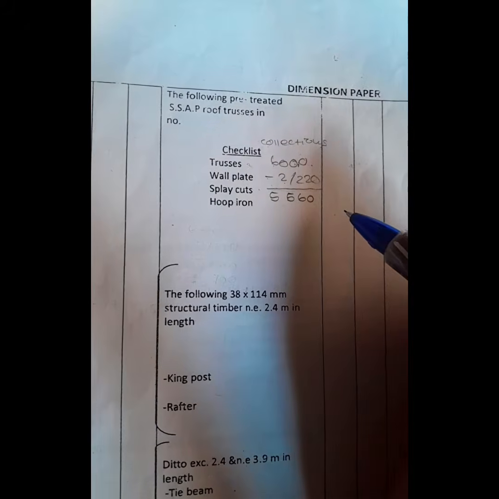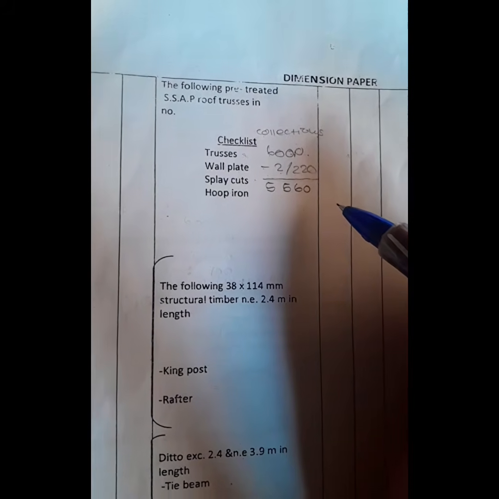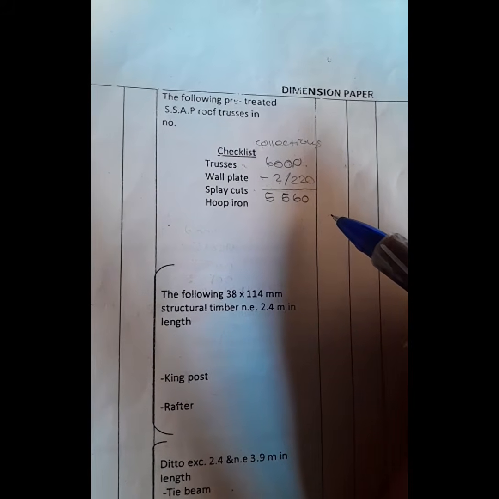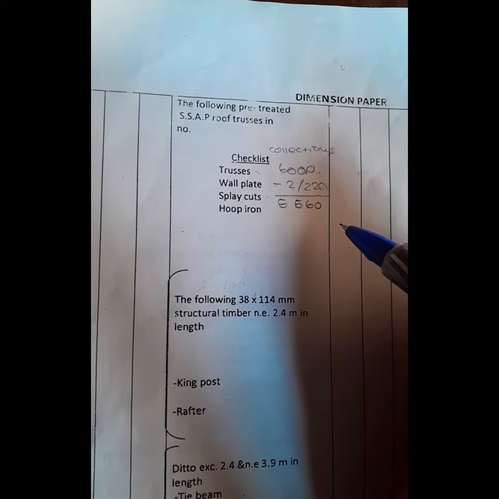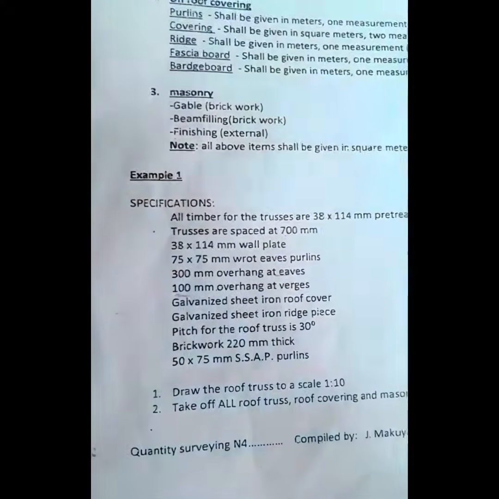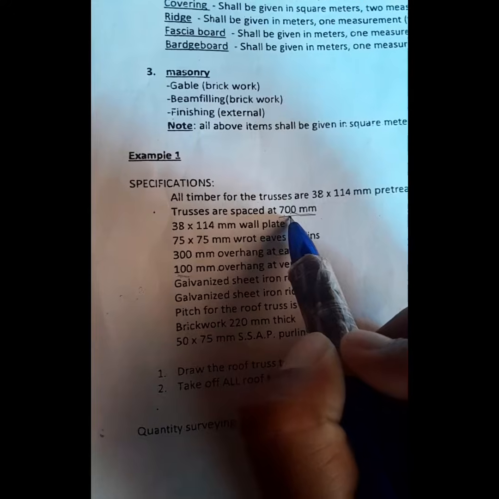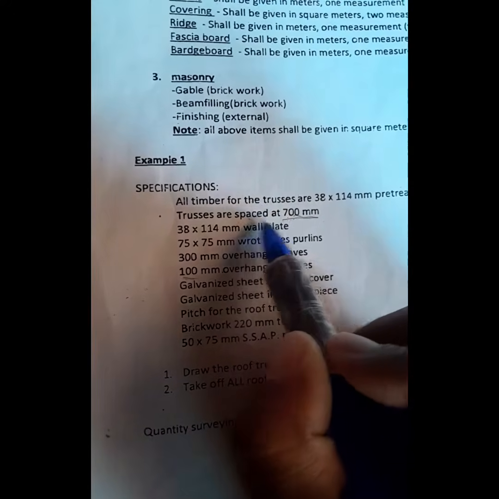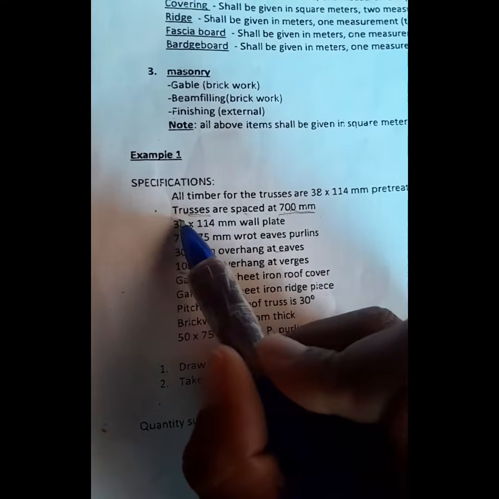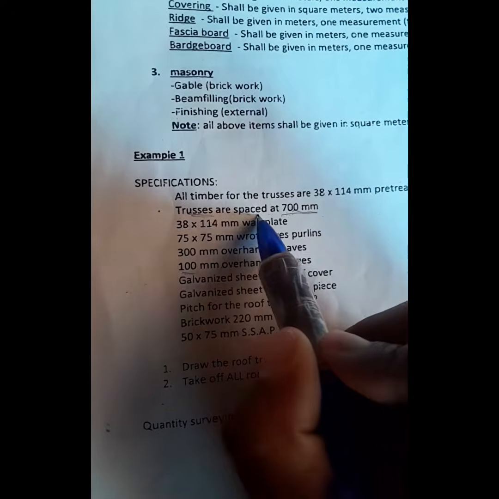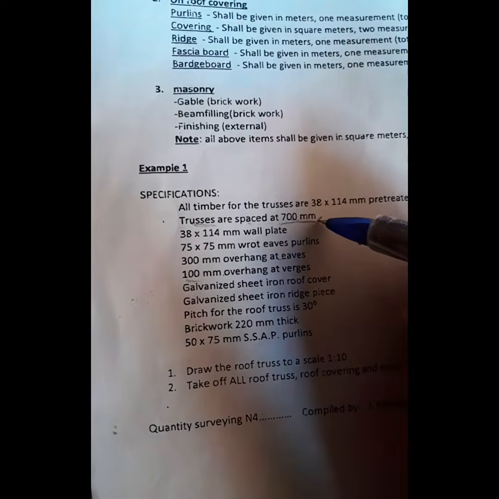Now you're going to take this 5,560 and divide it by 700. I'll show you where I got that 700. The 700 is the spacing between the roof trusses. As you can see here, they say trusses are spaced at 700. So you're going to take 5,560 divided by this 700.